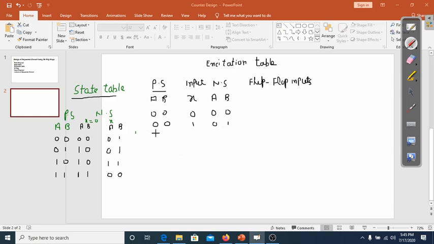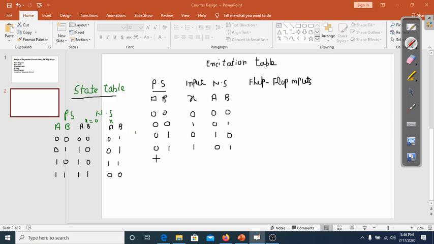When the present state is 0 1, there are two possibilities, the input could be 0 or 1. When input is 0, the next state is 1 0. When the input is 1, the present state is 0 1, the next state is 0 1. There is no change.